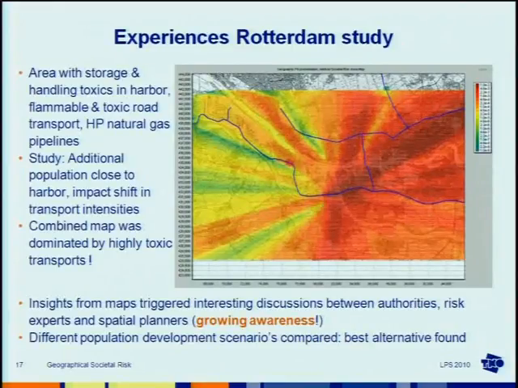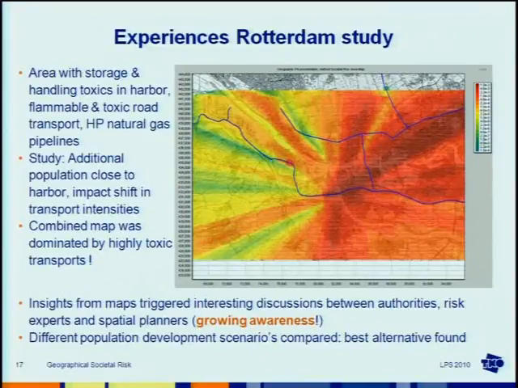This is a terrible red illustration of Rotterdam Harbor, now with road transport and some high pressure gas lines. In this case, the question was, can we have some additional population close to dangerous activities?